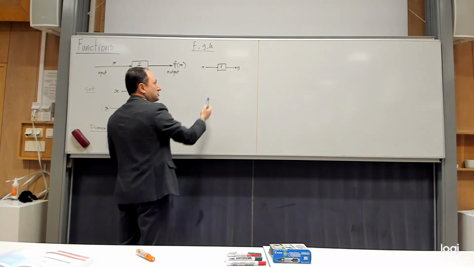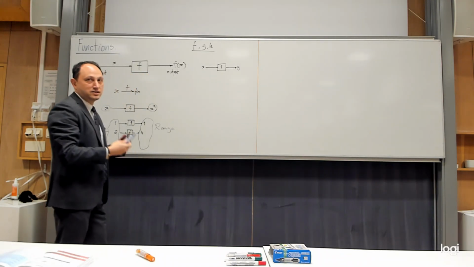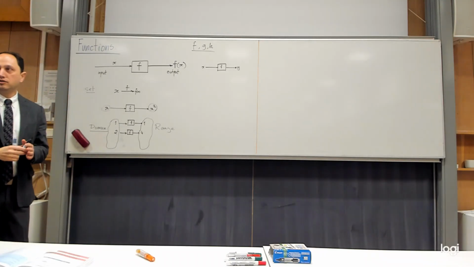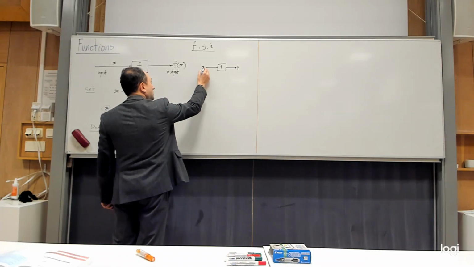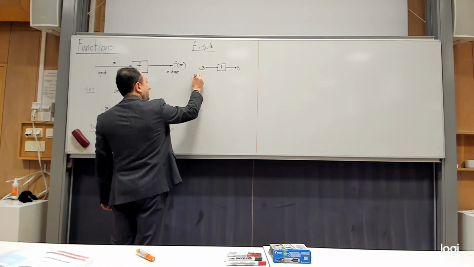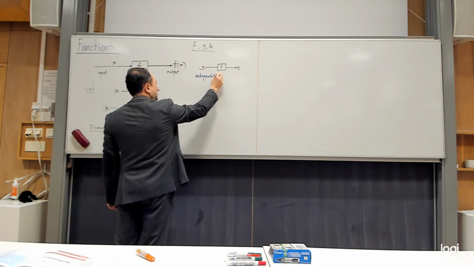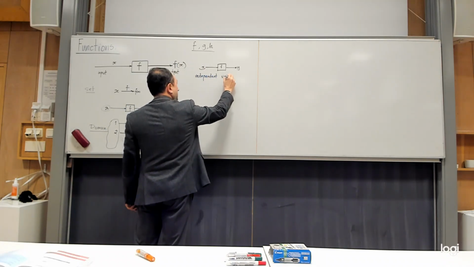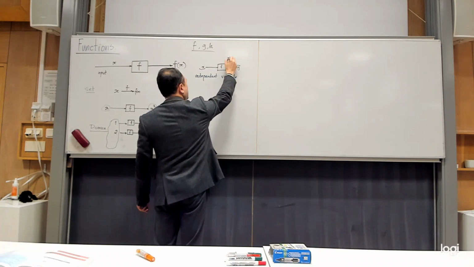But in the language of functions, even if y is not a number, I can still call it the value. The correct word is the output. This one is called the independent variable. This one is called the dependent variable.